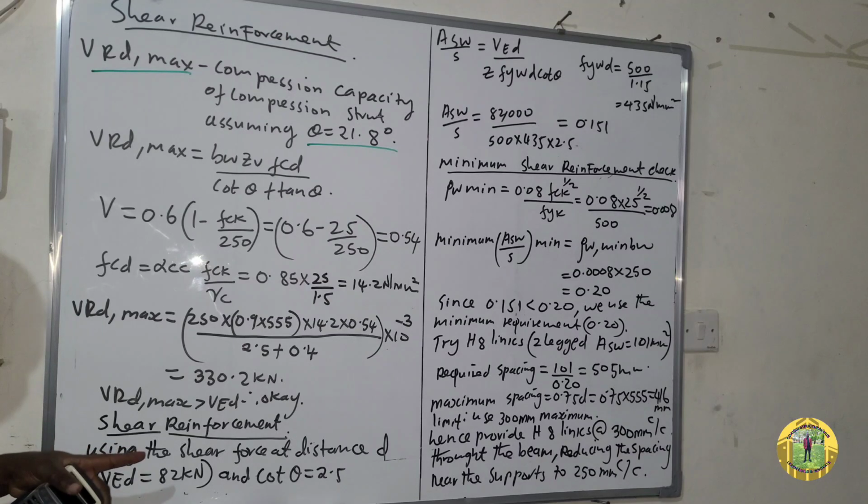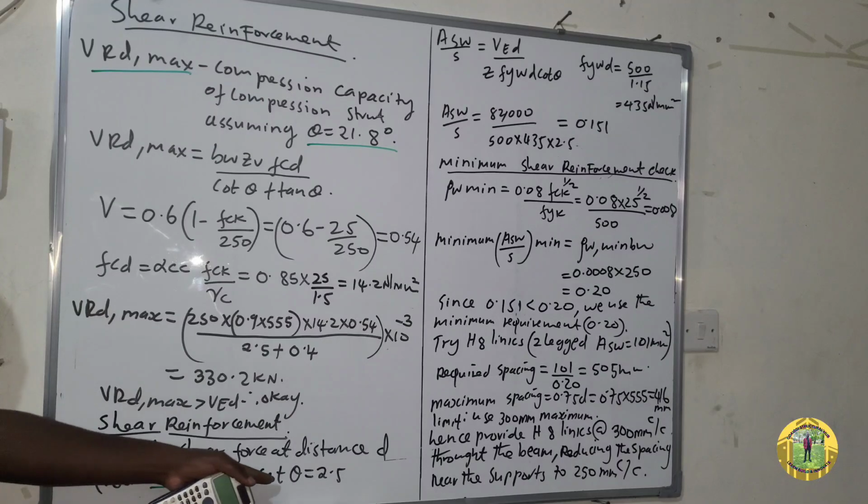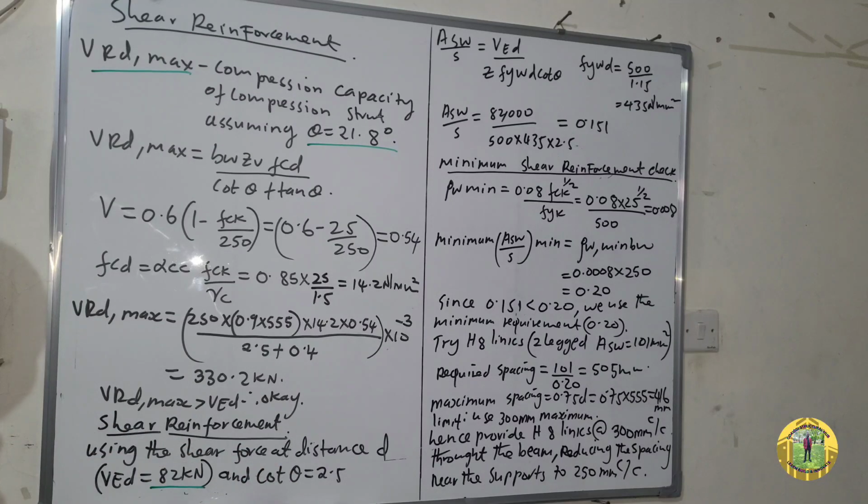Using the shear force at distance D, you remember this, you calculated and we got our value as 82 kilonewton, and cot theta is equal to 2.5.